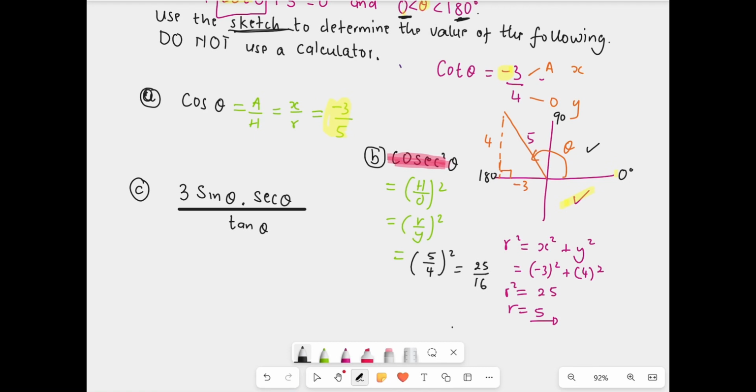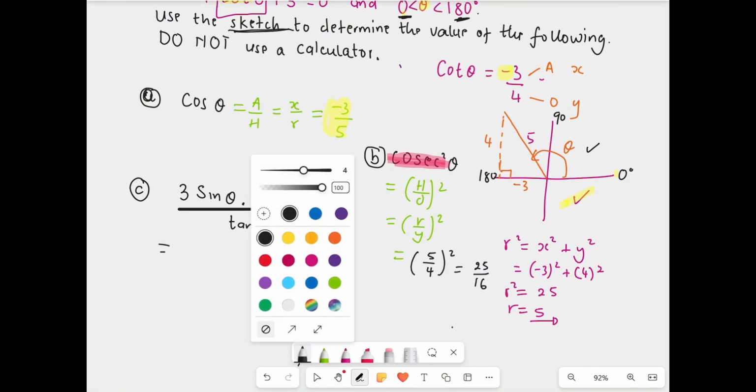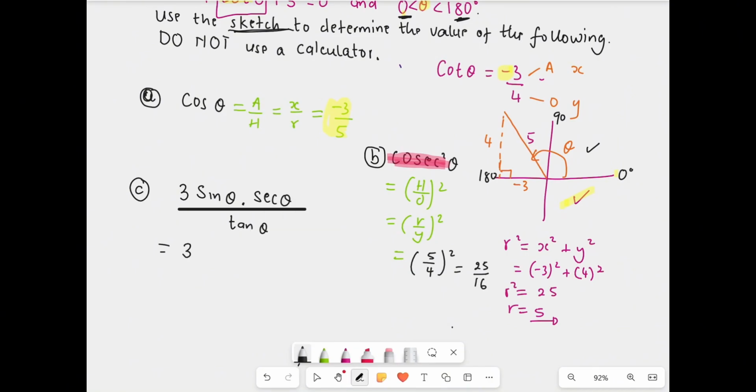And then number C. Number C, we are given 3 multiplied by sine of angle theta, sec of angle theta divided by tan of angle theta. Now, we are going to solve this. This is the same as we have 3. Now, what is the definition of sine? It is opposite over hypotenuse times, what is the definition of sec?